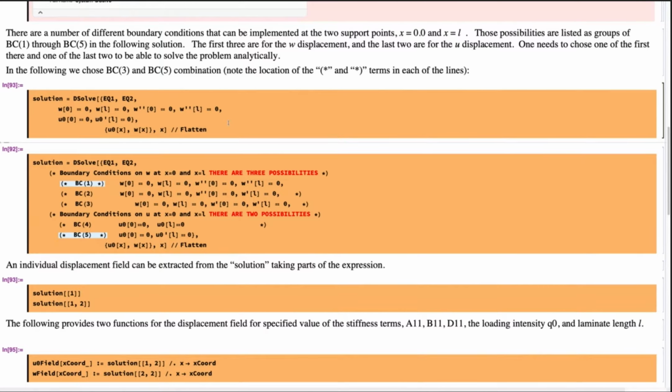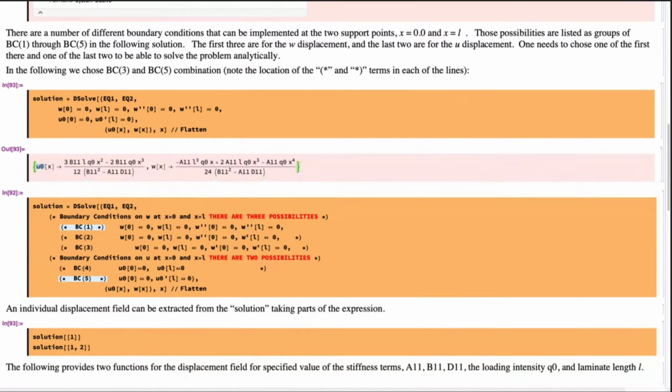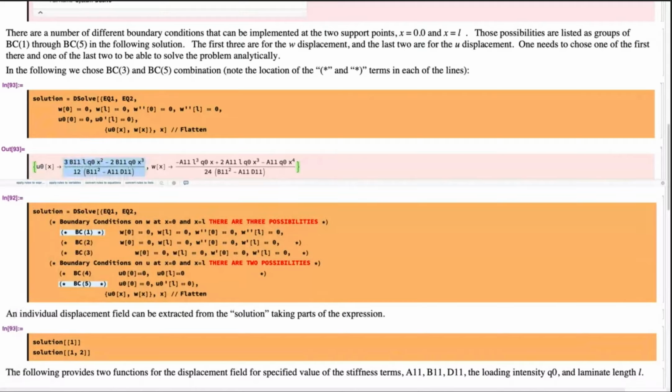It takes a little bit of time because it's solving, as I said, analytically. And here it comes. It says U of x, that is the mid-plane displacement U super 0 of x, is in an analytical form.